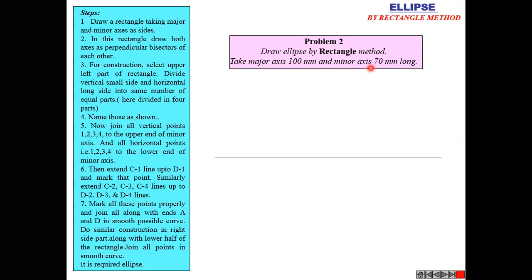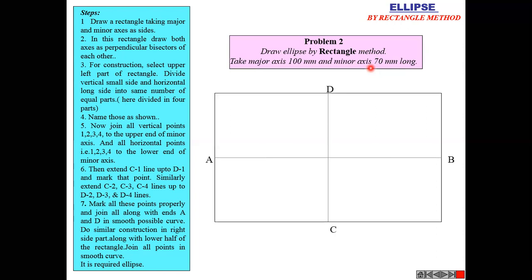First, we draw a horizontal major axis of 100 mm length. In the second step, we draw a vertical minor axis of 70 mm. Then we get a rectangle from the major axis and minor axis. Within this rectangle, we have to construct the ellipse.